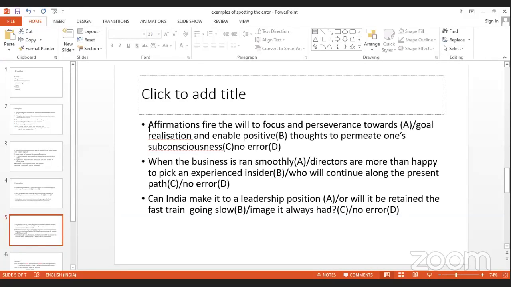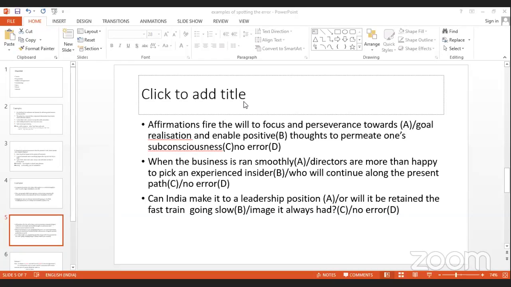Now this first sentence, affirmations fire the will to focus and perseverance towards. Now, this is one sentence for you. That is why there is a slash and A over here. Goal realization and enable positive. This is B. Aniket says you're familiar to it. I don't know what you all are familiar with, but still I'm explaining.